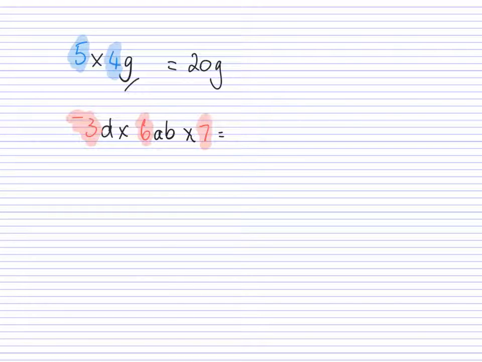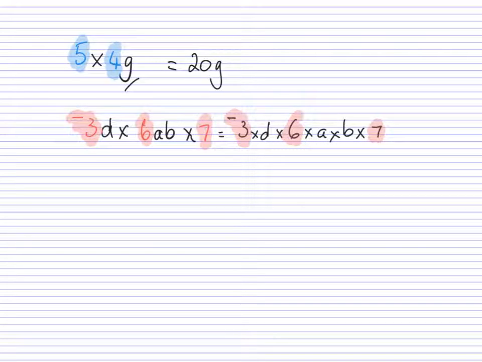So if we were to write this out in long form first, just so you can see the difference, it would actually be -3 times d times 6 times a times b times 7. Let's highlight our real numbers. So that's -3, 6, and 7.